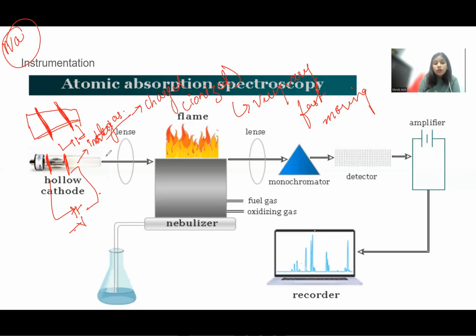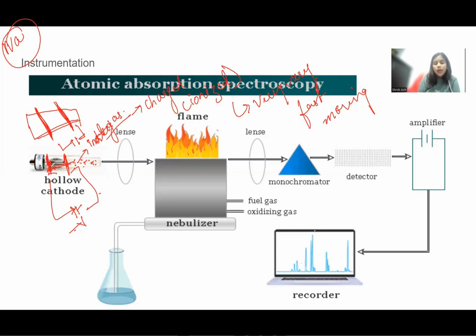Now these fast moving ionized inert gas molecules will hit the cathode. So there will be interaction of these molecules with the cathode.